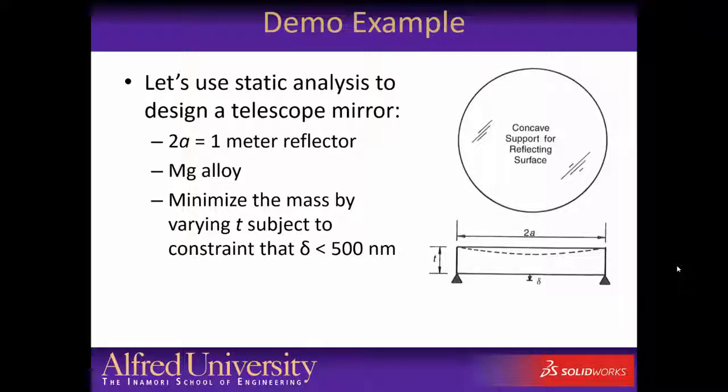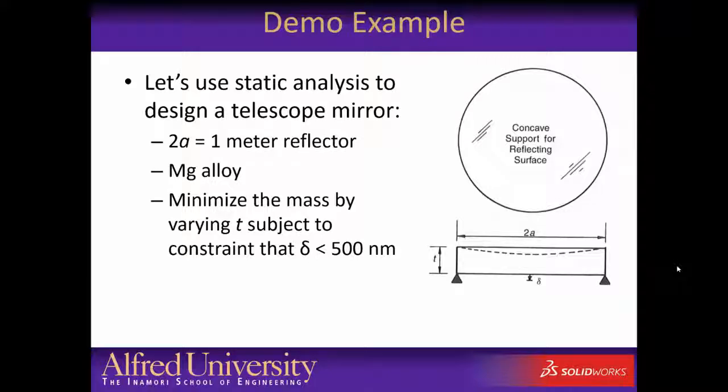In order to design this telescope mirror, we will need to assign a certain property. In this case, we'll assume that the diameter is fixed at 1 meter and that the material is a magnesium alloy. Our goal is to minimize the mass of this mirror by varying the thickness of that mirror, subject to the constraint that the maximum deflection given by delta is less than 1 wavelength of light.